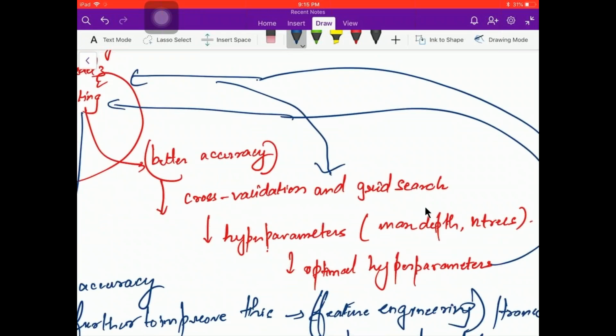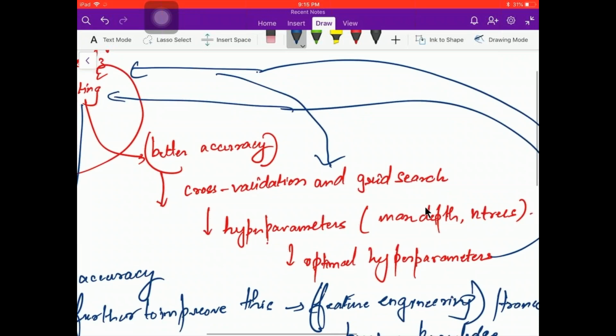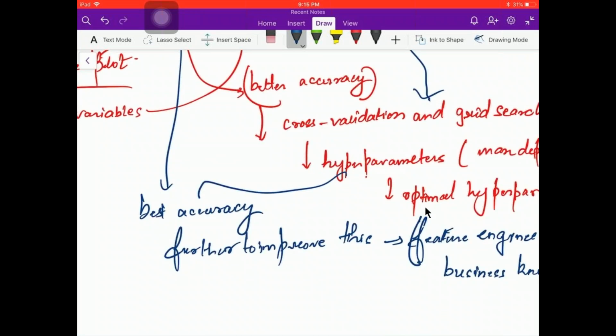So this is the loop that you need to follow. But since feature engineering is not in the scope of our course, we will see which is the best model. Then after we select the model, we see the hyperparameters, and after we see the hyperparameters, we tell the best accuracy possible.